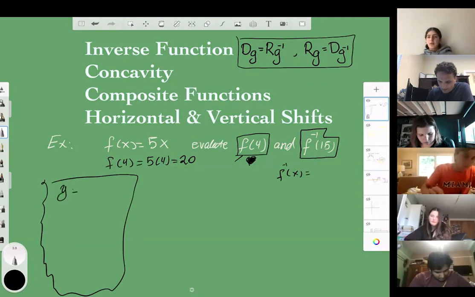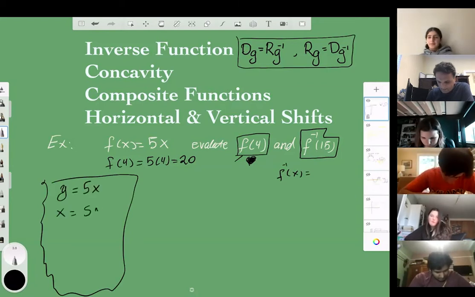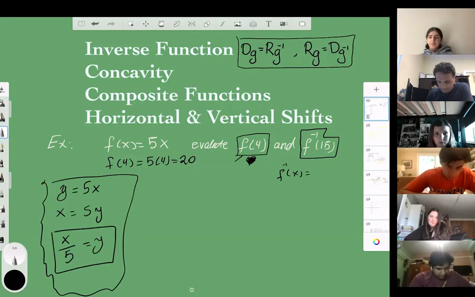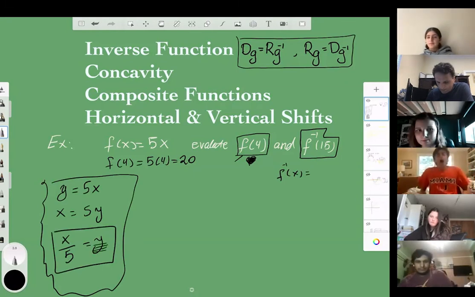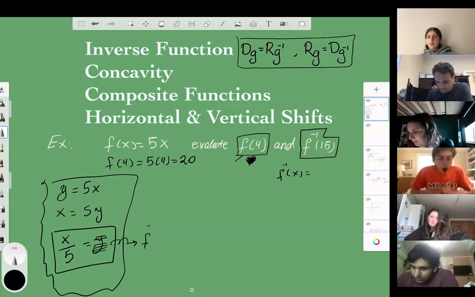So y equals 5x, x equals 5y, then y equals x over 5. I solve for y. Then I replace y with f inverse of x, equal to x over 5.